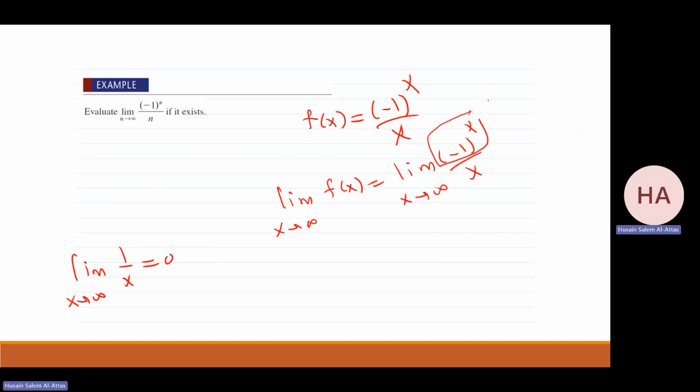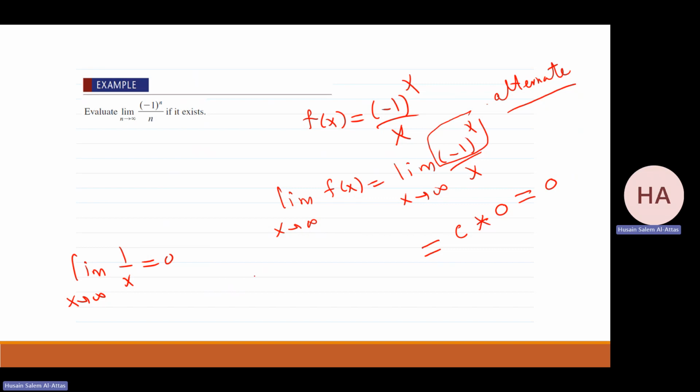Yes, this is still alternating. However, it's either minus 1 or 1, but it will be multiplied by a value times 0, because the limit of 1 over x is 0. So that will be 0. Goes to minus 1, goes to 1, who cares? But the value at the end will be 0.